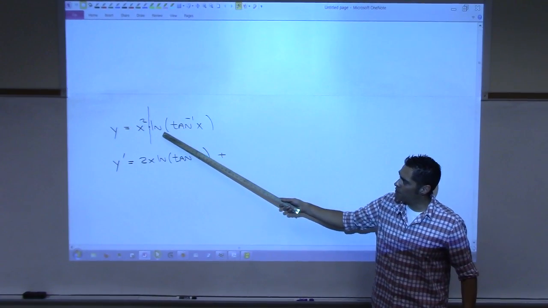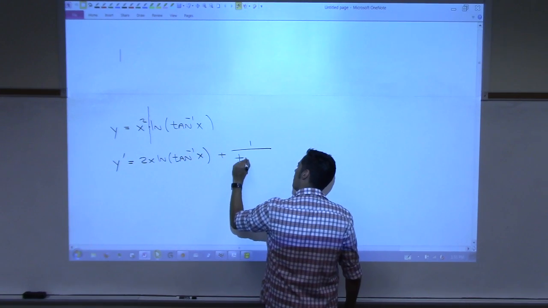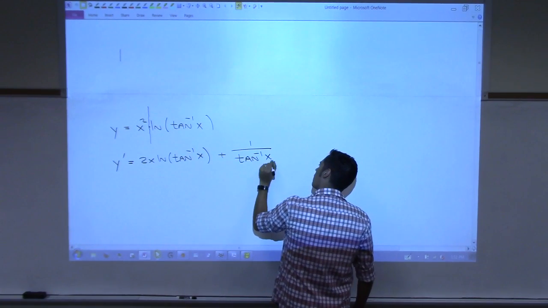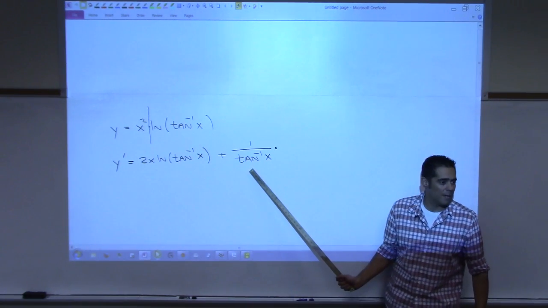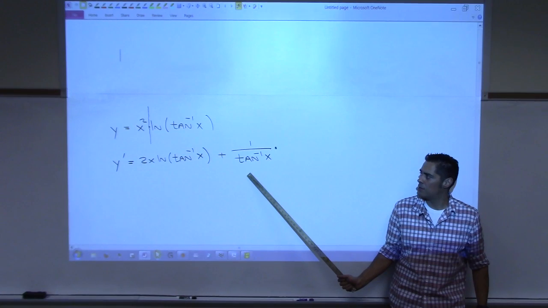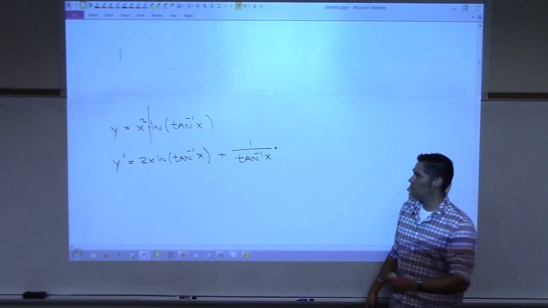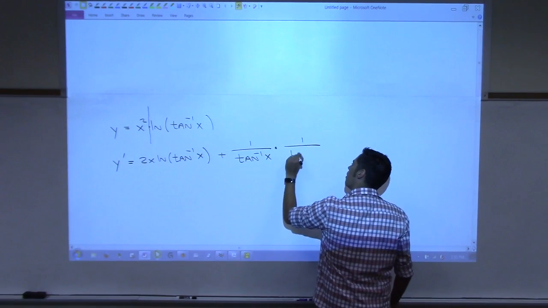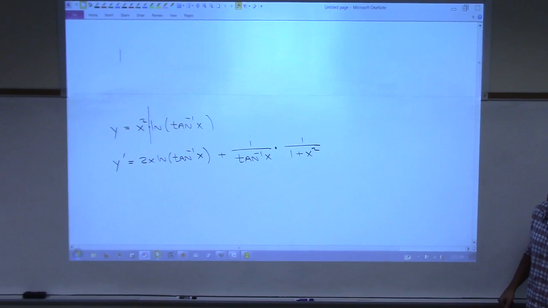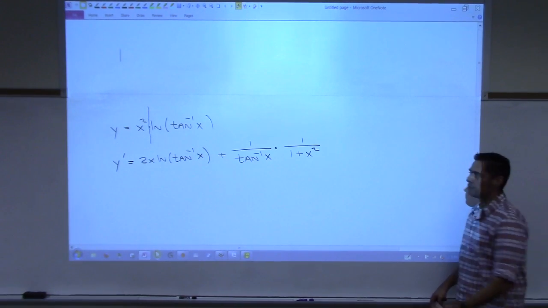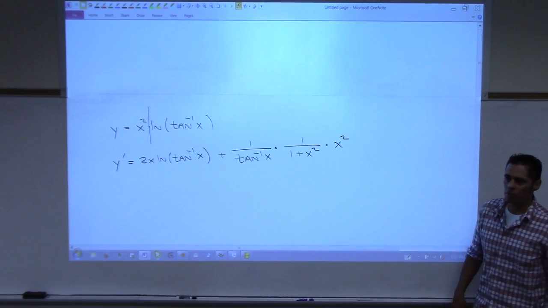The derivative of natural log of something is 1 over the something, times the derivative of what's in here, which is 1 over 1 plus x squared, times x squared. Where did that come from? Finishing off the product rule.